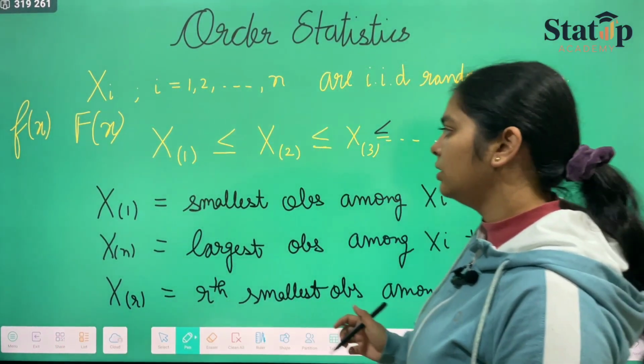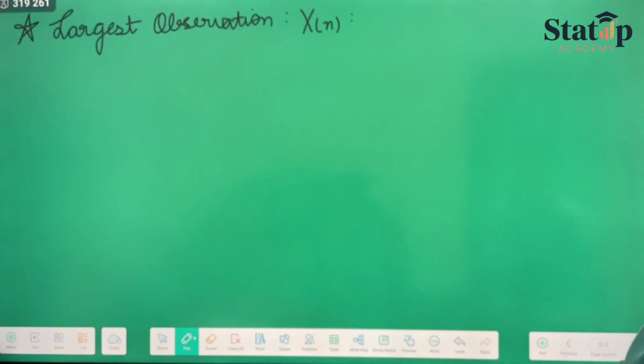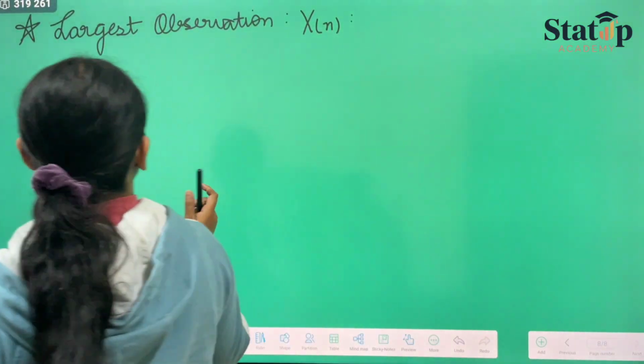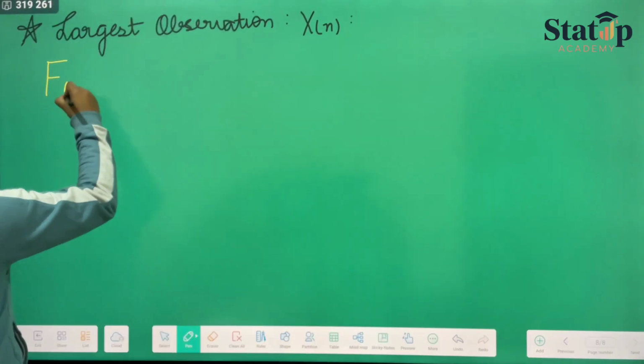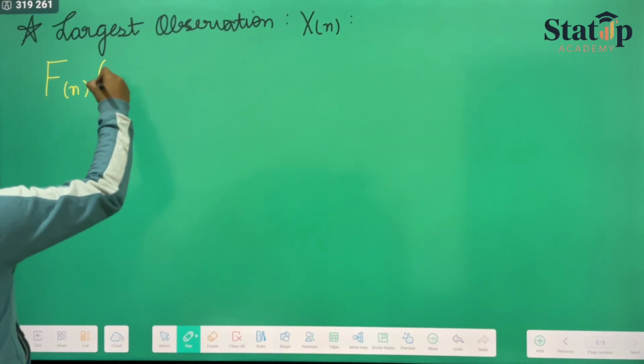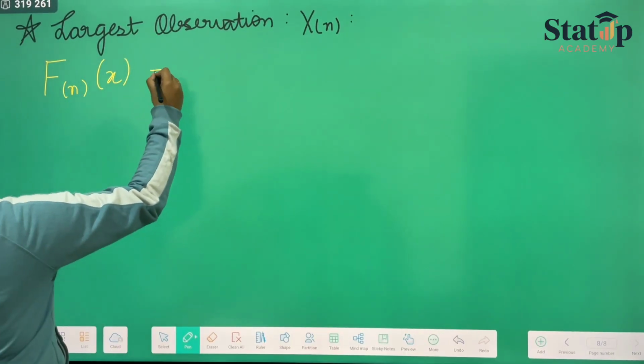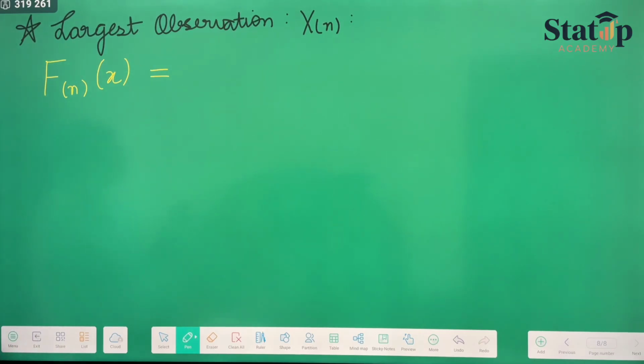This we have to consider before proceeding. The PDF of the largest observation will be fn(x). Actually, this is not the PDF, this is the distribution function.